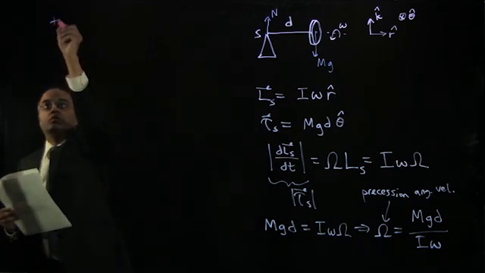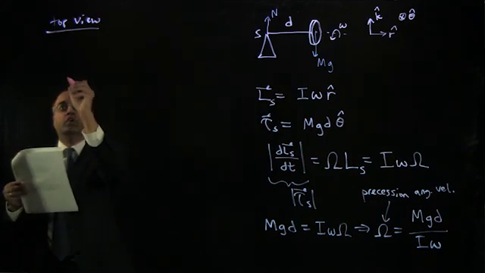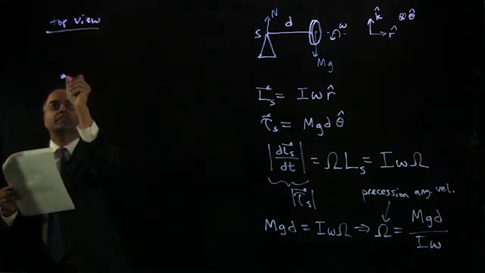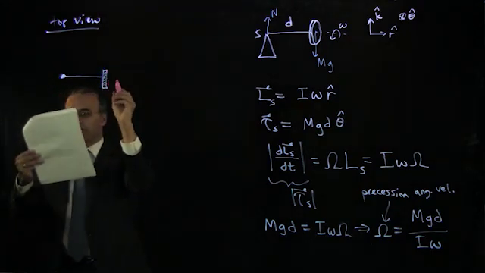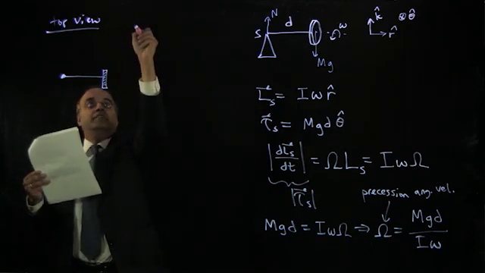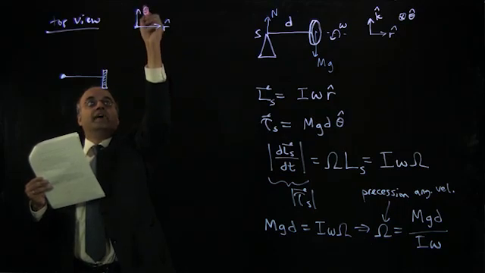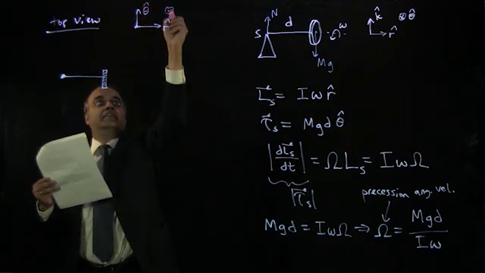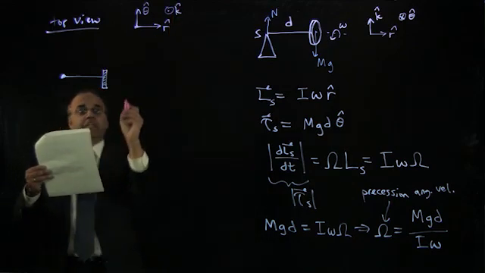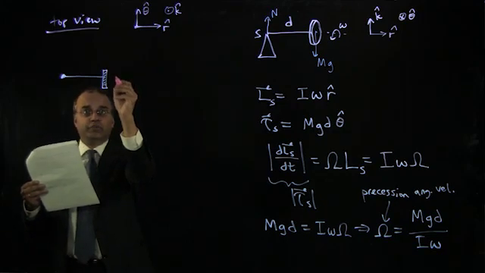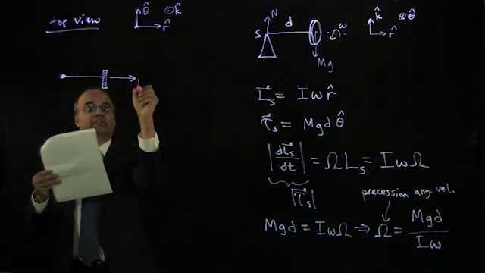So let's again go to a top view of our gyroscope. So suppose here's the pivot point, and here's my gyroscope. And the way I'm drawing things is that r hat is this way. This is a top view, so theta hat is that way, and k hat is out of the screen. So in the example that I did earlier, the angular momentum was pointing in the plus r hat direction.